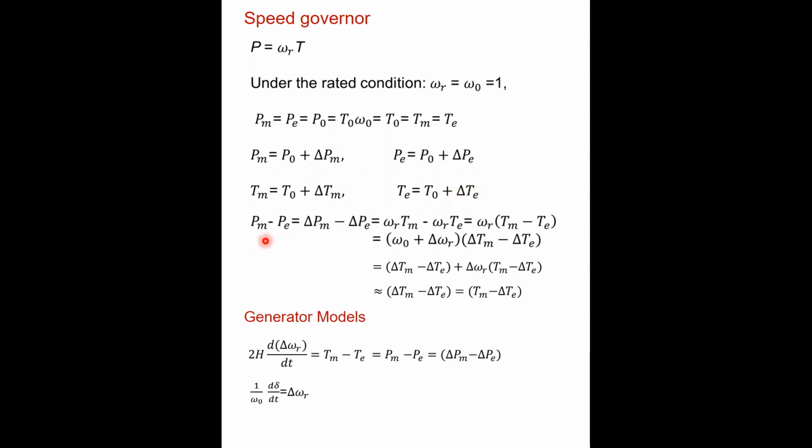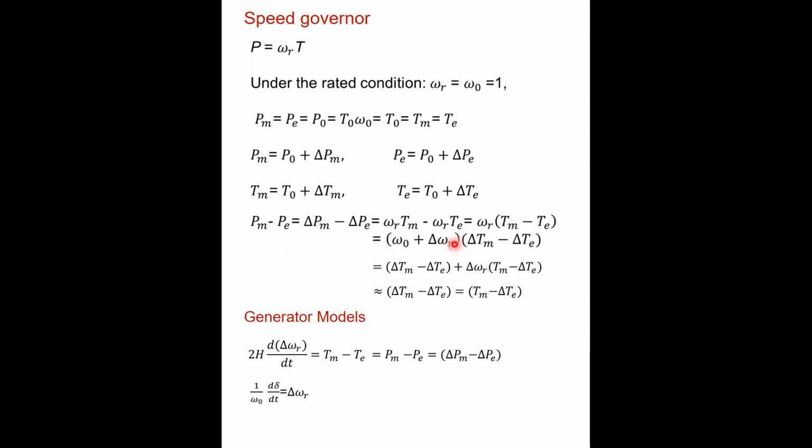Then what is the difference between the two powers, mechanical power and electrical power? It is the finite change in the mechanical power and the difference in the electrical power. So thus we write in this way.